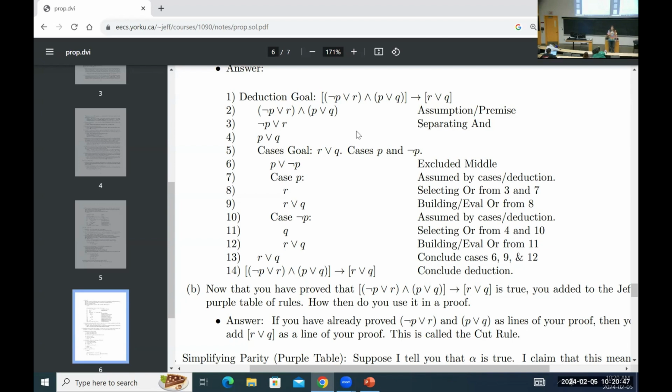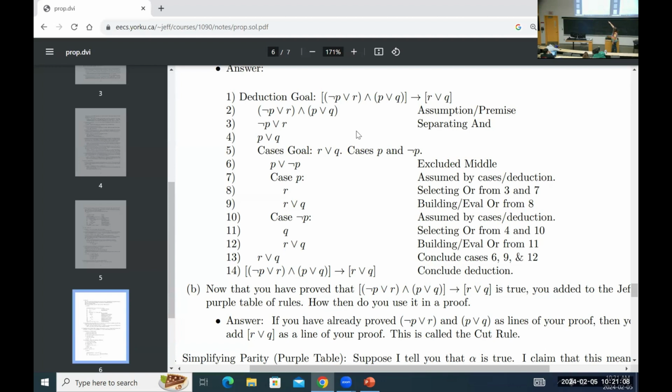For proof by cases, we need to prove that in our first case, we get what we want. Does that make sense? And then the second case is the same, right? And then we proved our two cases, so we're done. And then line 13 is our proof by cases.